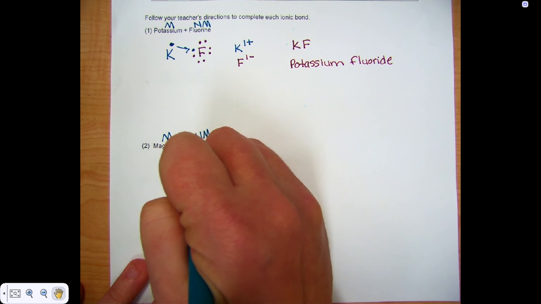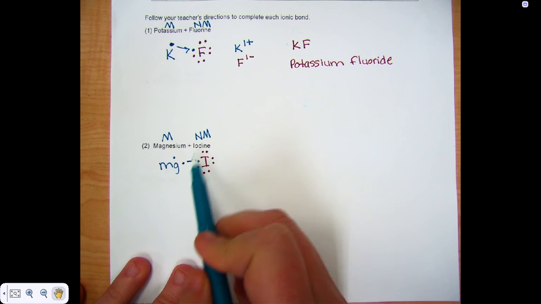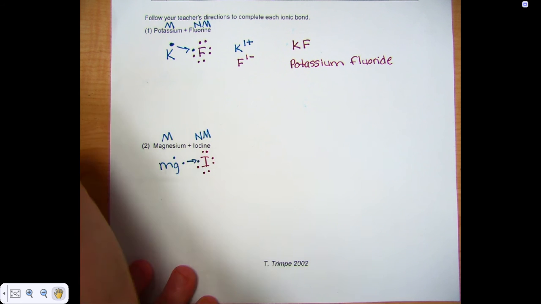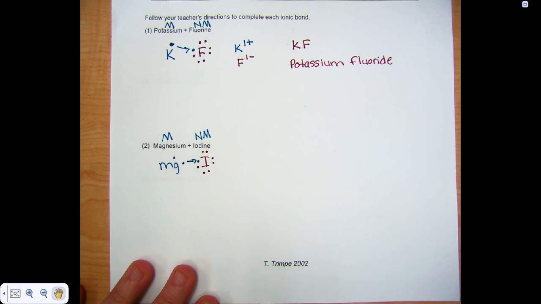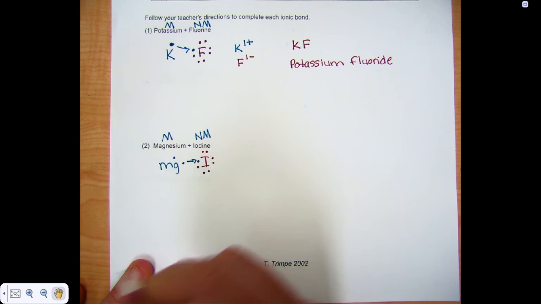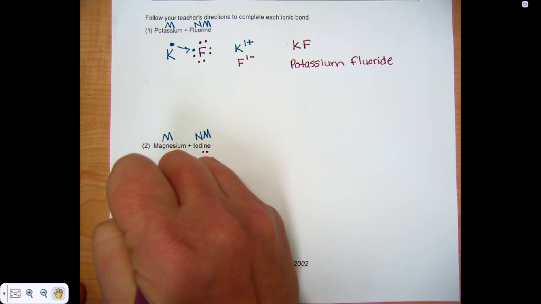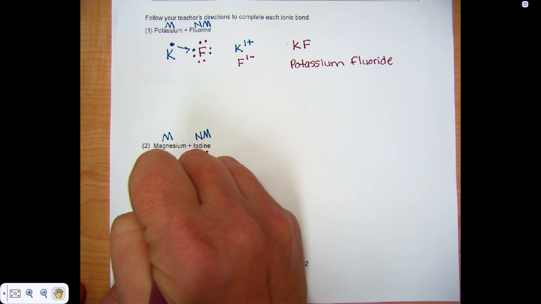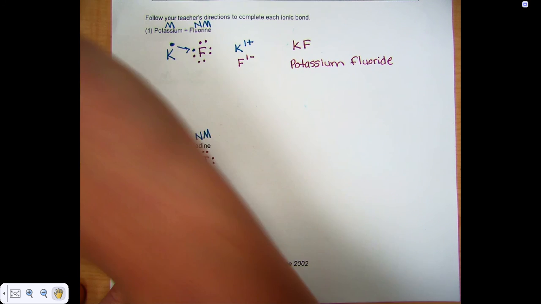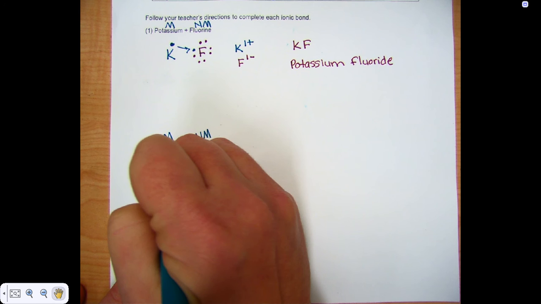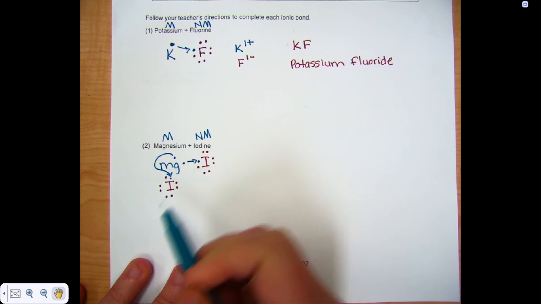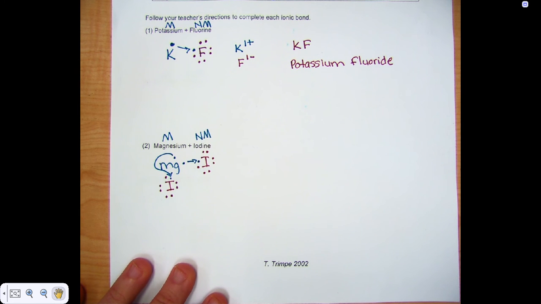So one of these comes here. Now this iodine is full, but this one's not full. So I can either add another magnesium, which I'm not going to do because I'm not going to transfer from magnesium to magnesium. I'm going to add another iodine. It starts off with 7 valence electrons. So this magnesium will come down here. Now they are both full, so that's your Lewis dot structure.